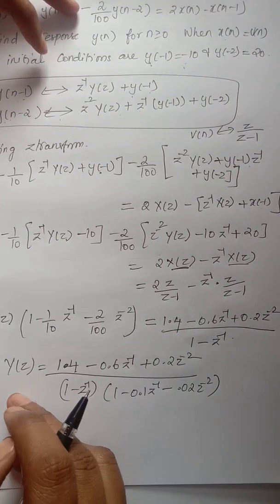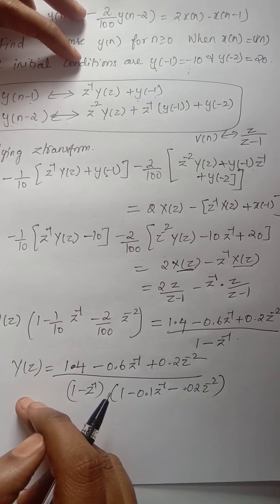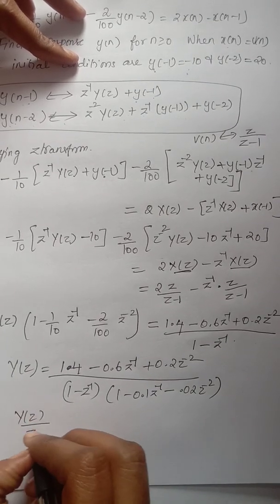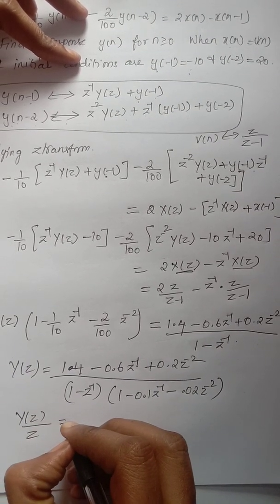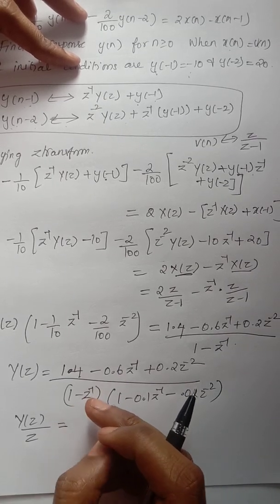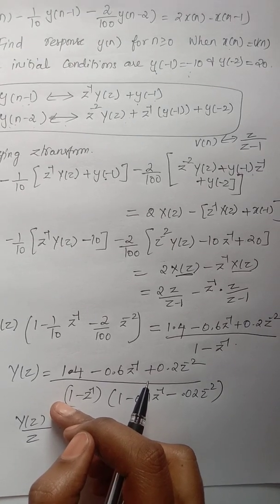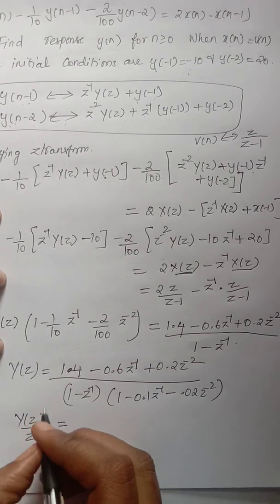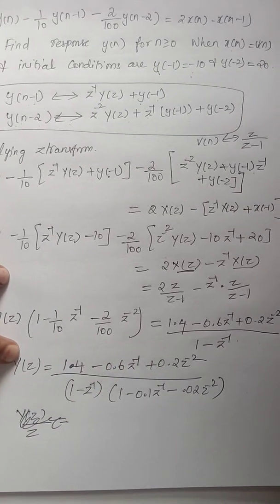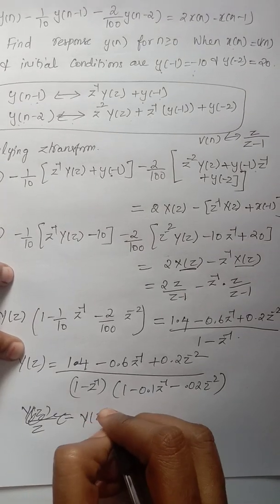Now if I need to find y of n, I need to apply inverse z transform. First you need to check whether it is in the positive power, but here it is in the negative power, so you need to first convert it into positive power.